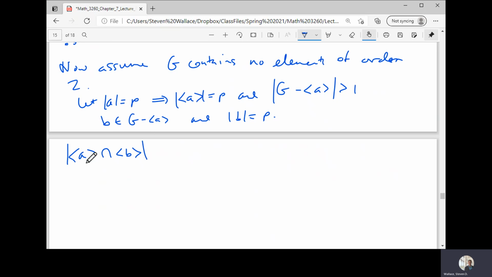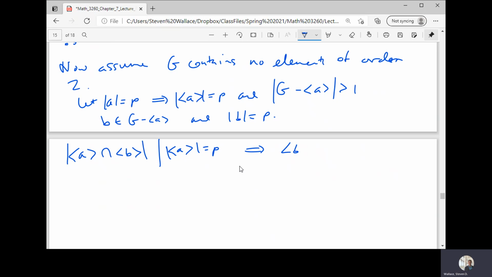So this intersection here has to divide the order of this one, which is P.